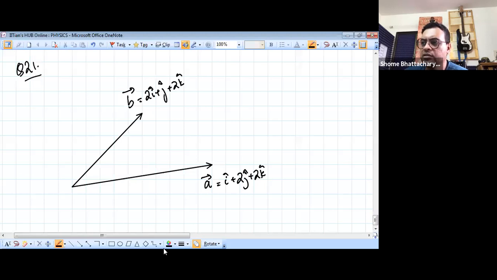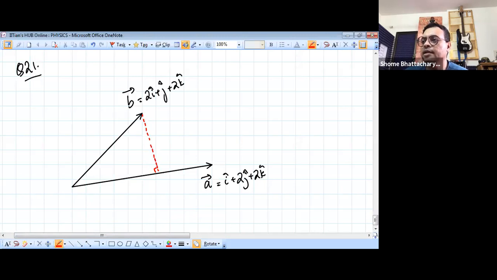Okay. Then, what is the component of vector B along vector A? And let's understand what the meaning of that is. So, the component of B along A मतलब क्या है कि मुझे B के head से A पे ऐसा perpendicular draw करना पड़ेगा.